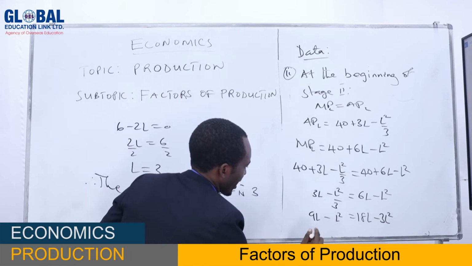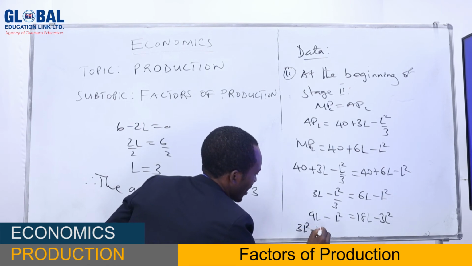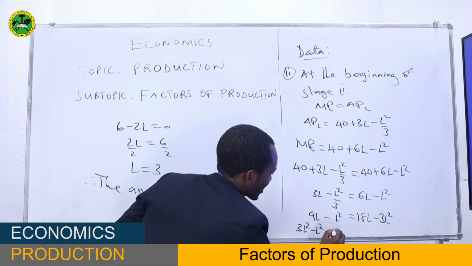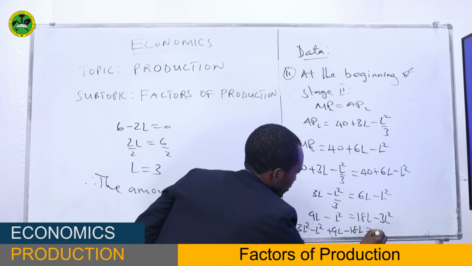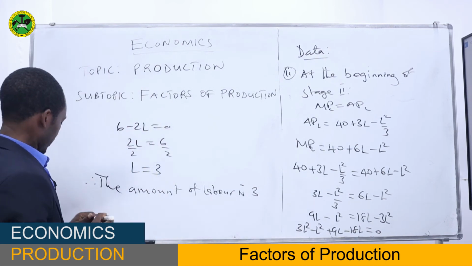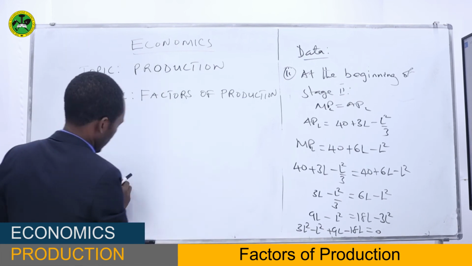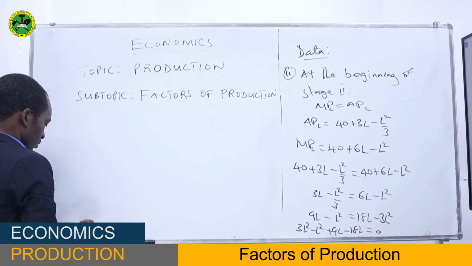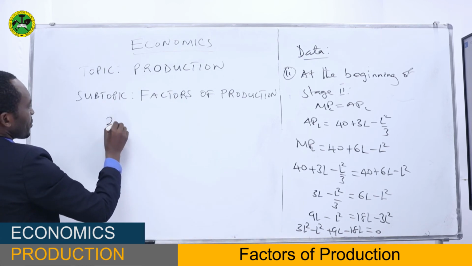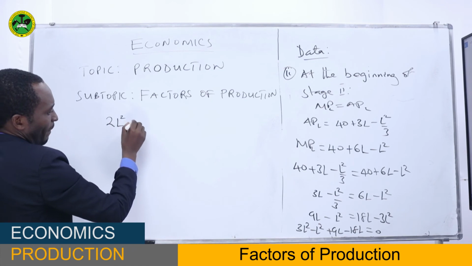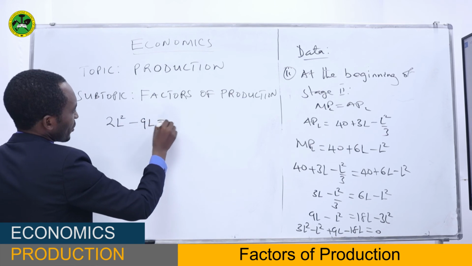This one comes to this side as 3L square. So you have 3L square minus L square plus 9L minus 18L equals 0. When you subtract, it will be 2L square minus 9L equals 0.